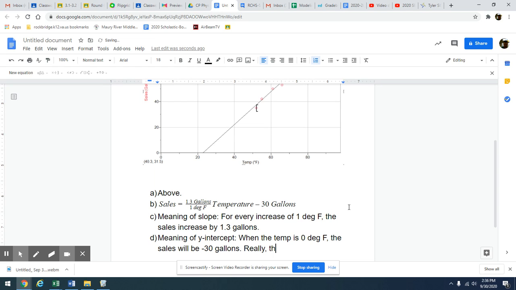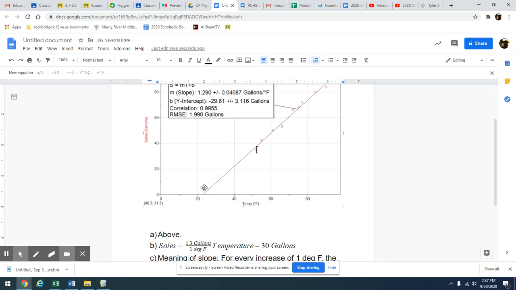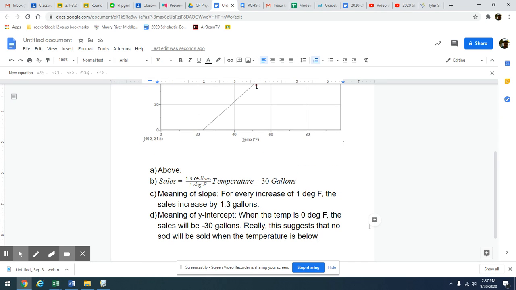Really, this suggests that no soda will be sold when the temperature is below, well, I guess when did the sales get down to 0? When the temperature was like 23 or something, is below let's say 25 degrees or so.